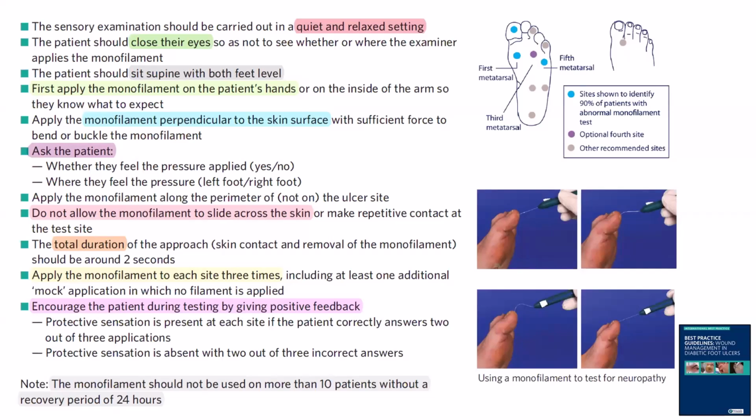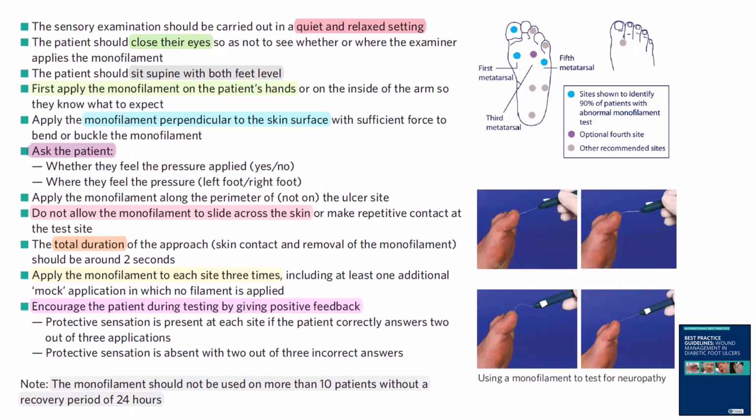We should apply the monofilament along the perimeter of, not on, the ulcer site. Don't allow the monofilament to slide across the skin. The total duration of the approach, skin contact, and removal of the monofilament should be around 2 seconds.